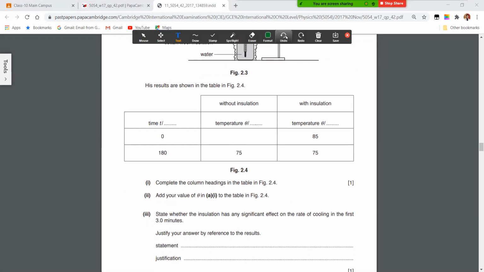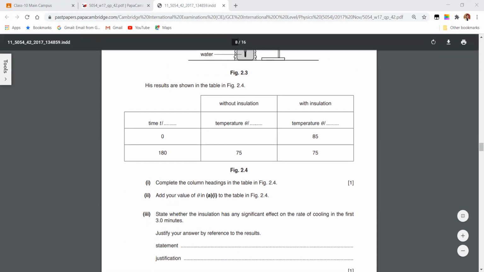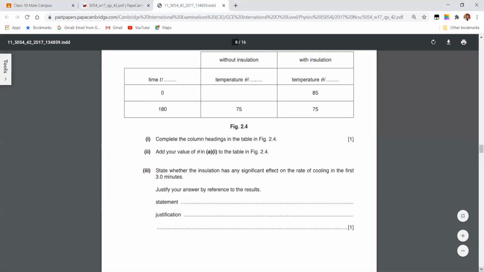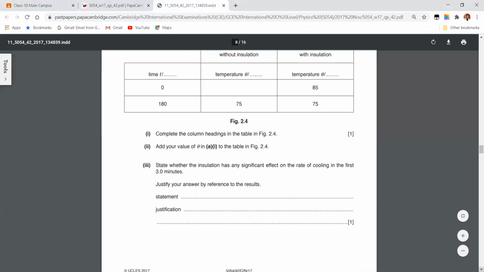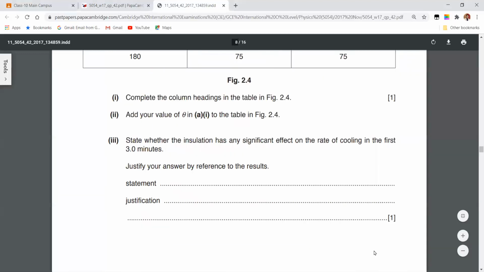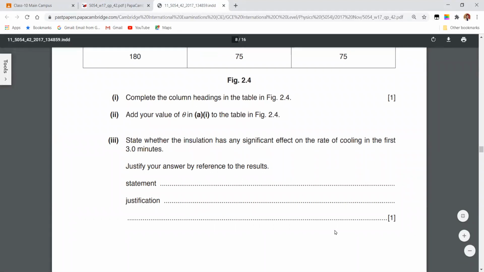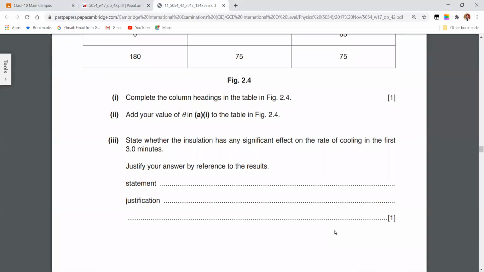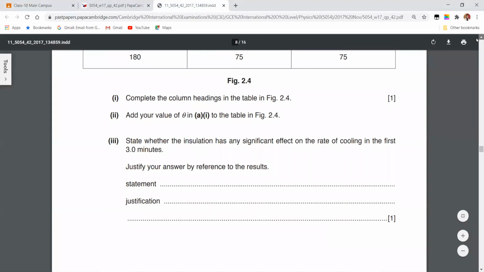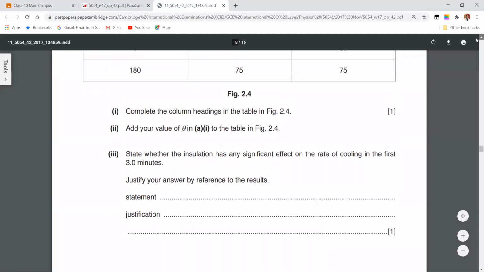State whether the insulation has any significant effect on the rate of cooling in the first 3 minutes. Justify your answer by reference to the results. So you see the results, then it will be easier for you to decide. Insulation holds in more heat.